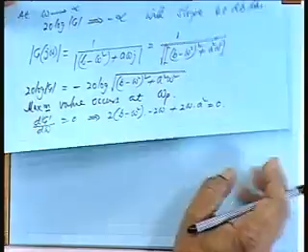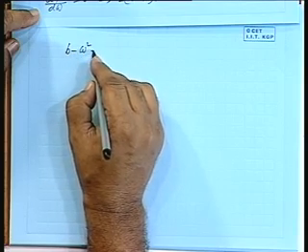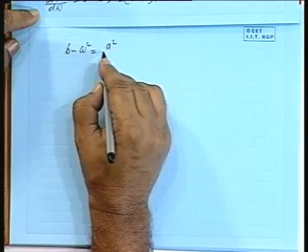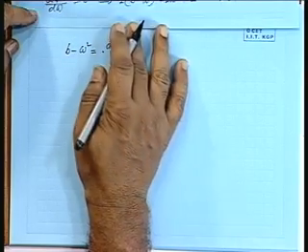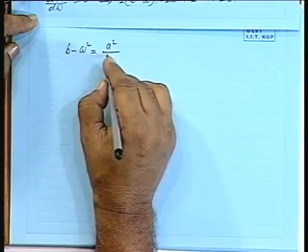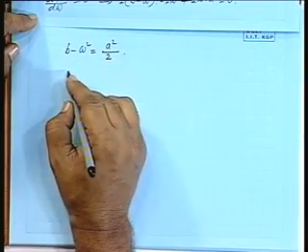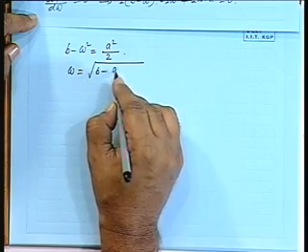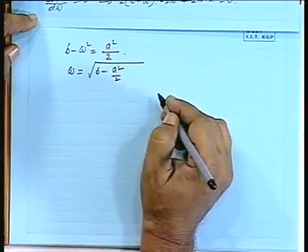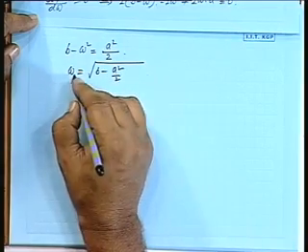So, 2 omega gets cancelled, that gives me b minus omega squared is equal to a squared by 2. Or omega equals root of b minus a squared by 2. We call it omega p.